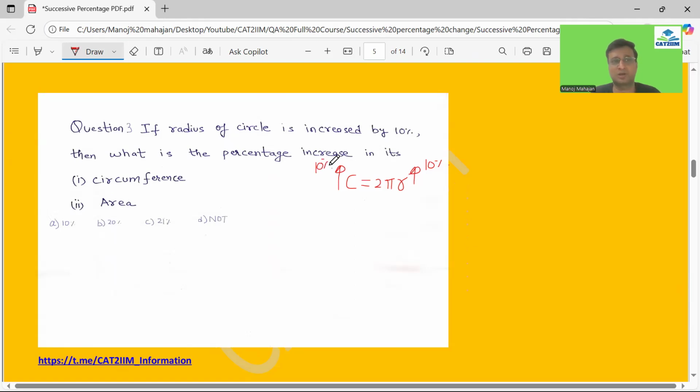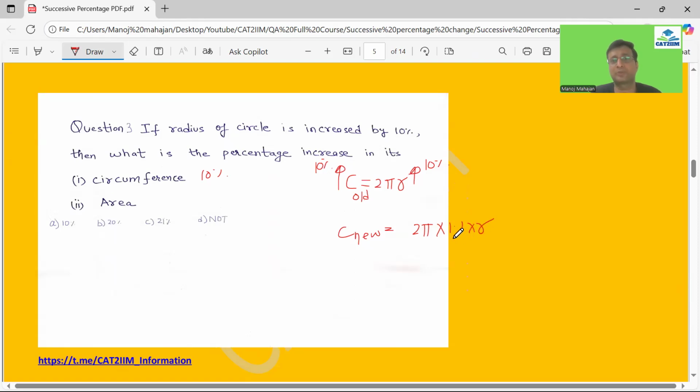So this does not have the use of A plus B plus AB by 100 over here. So we have to look forward to product of two or maybe three quantities. Then we can look forward to apply that. So over here, just to explain you that in the circumference also we can figure out the percentage change, that would be 10%. Because look, if circumference old is 2 pi r, then circumference new would be nothing but I would be multiplying with 1.1 over here, the multiplying factor.